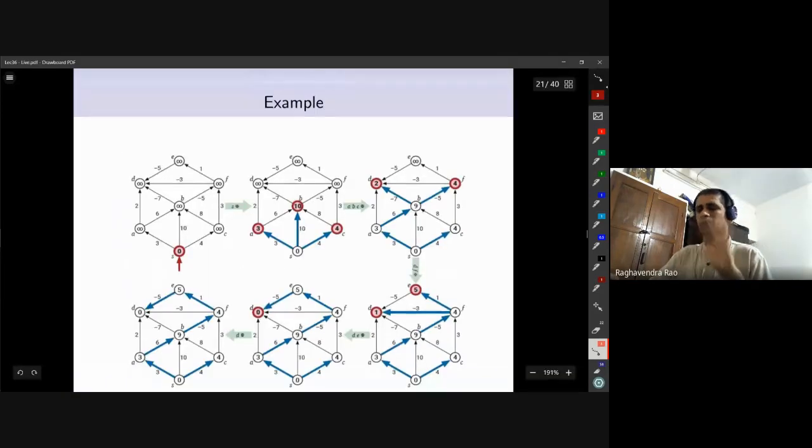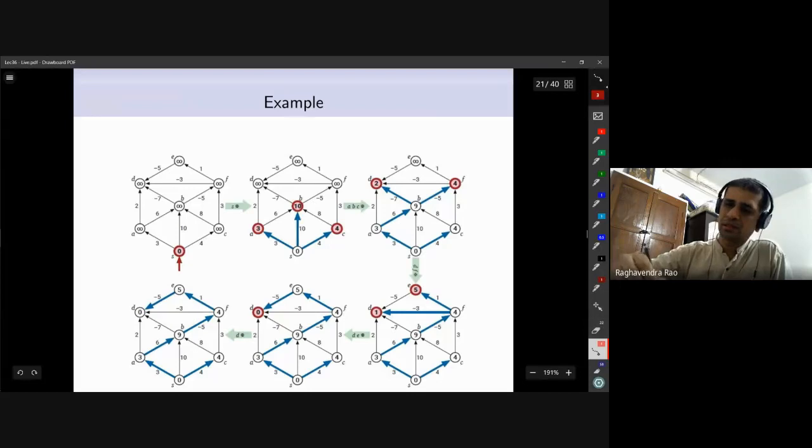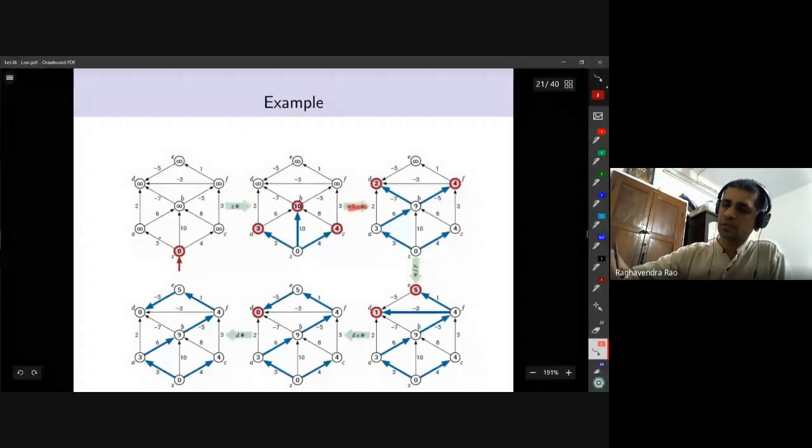But let's not worry about Moore's improvement. It improves the bound slightly, but in the worst case, it's the same bound as Bellman's implementation. So for this example, ignore the things written inside these arrow marks, since that is with respect to Moore's improvement. We'll just run Bellman's algorithm.